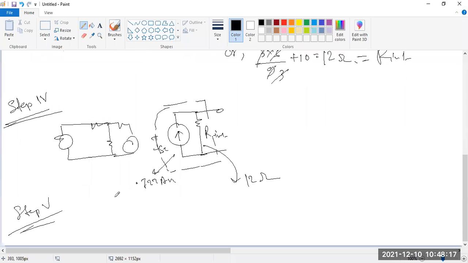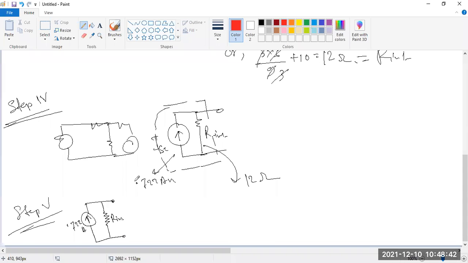Step 5. Again you have to add the load resistance. You got your Norton equivalent circuit, that is, the current source is 0.722 ampere, and the R internal is there.